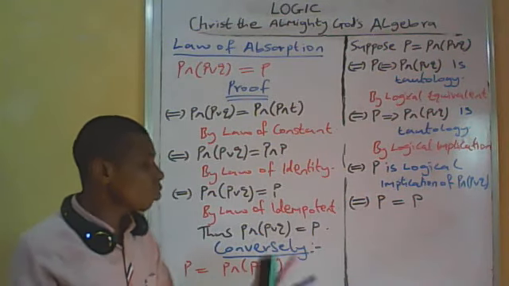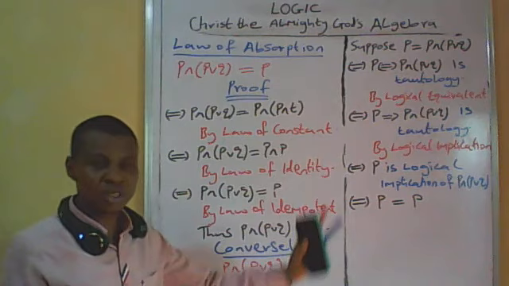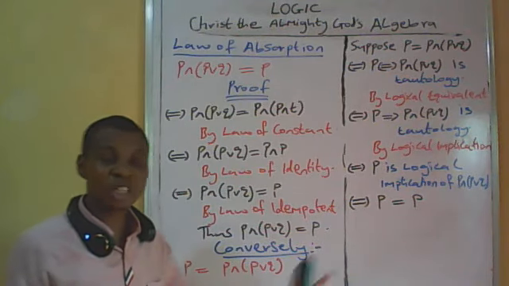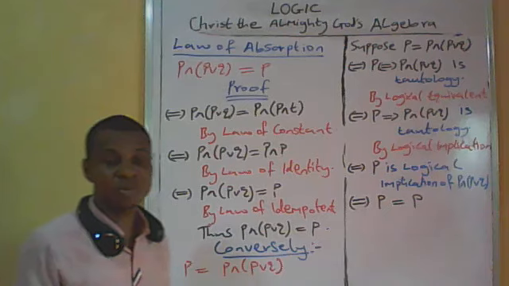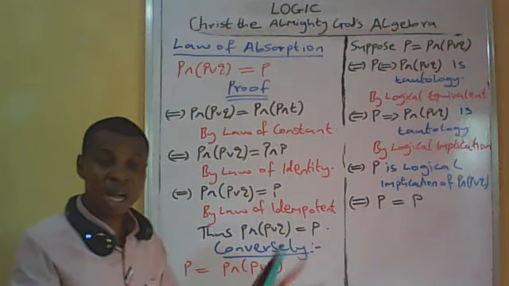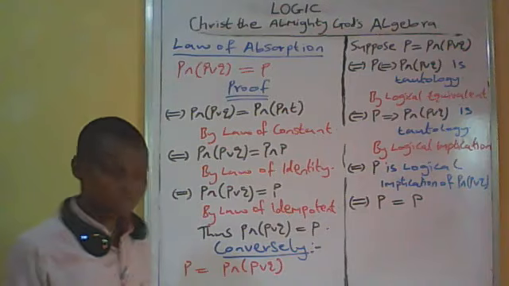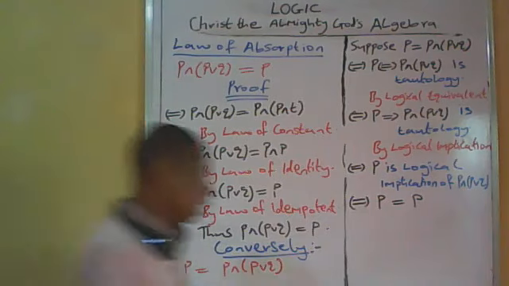In the same vein, whenever the right side is false, the left side is also false. It is said to be logically equivalent, and it is equivalent. So it is true that they are equal, being justified by identity.